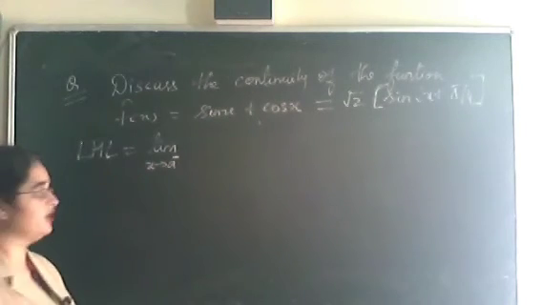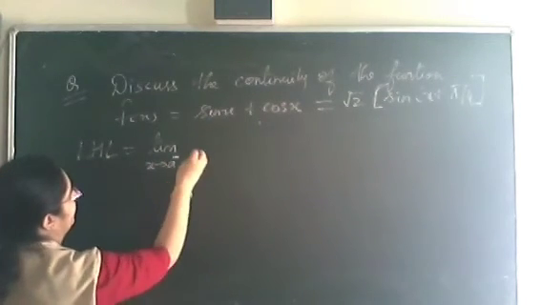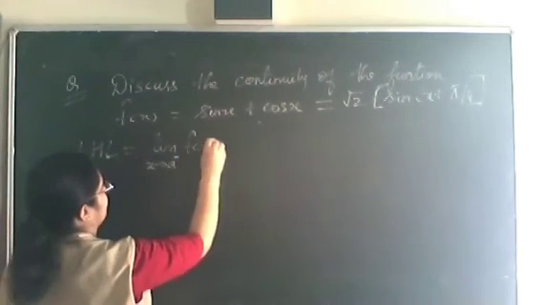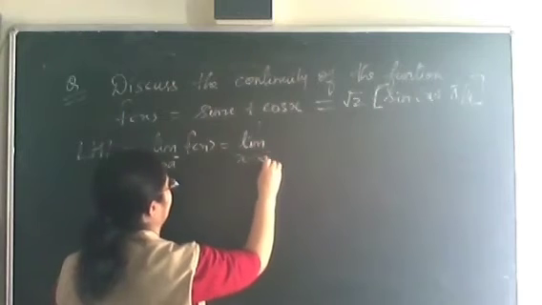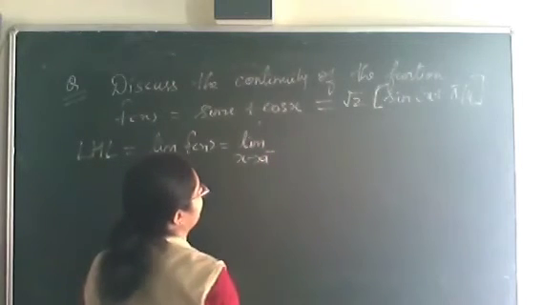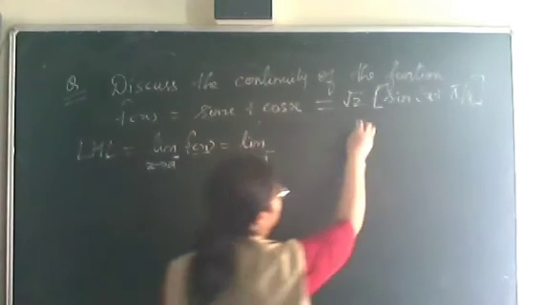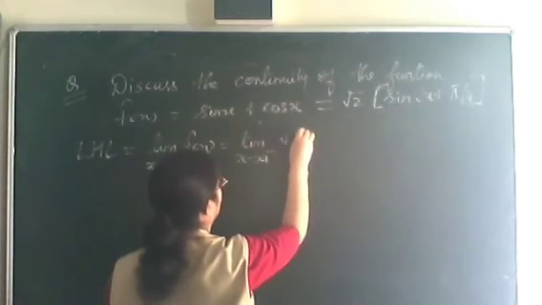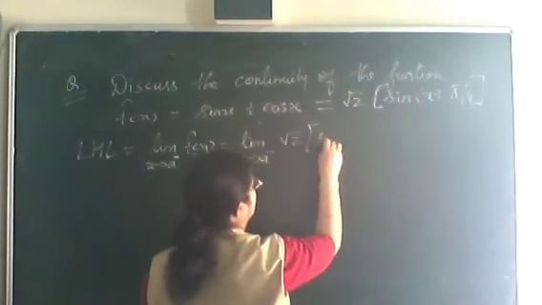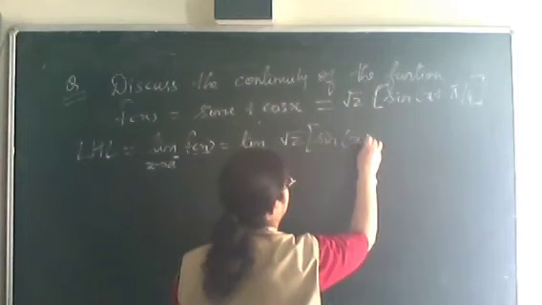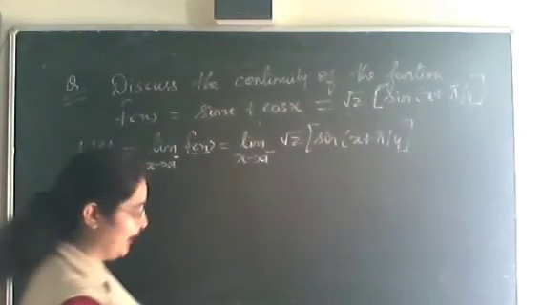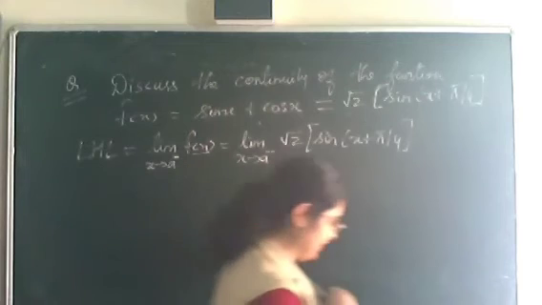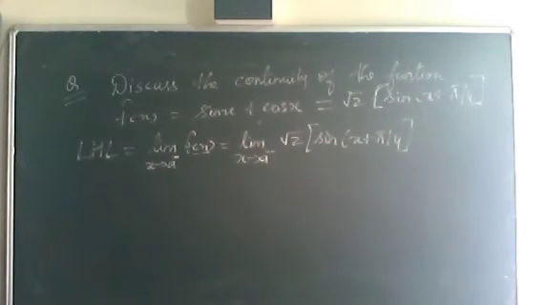So limit x tending to a minus f(x) is equal to limit x tending to a minus of root 2 times sin(x plus pi by 4).